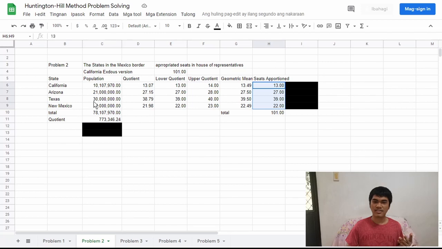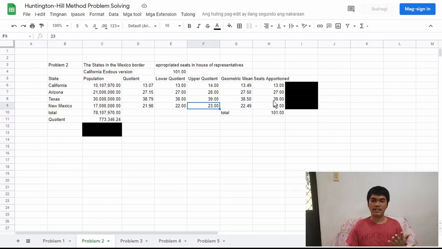In Texas, nothing really happened. They still gained a seat from 38 to 39.